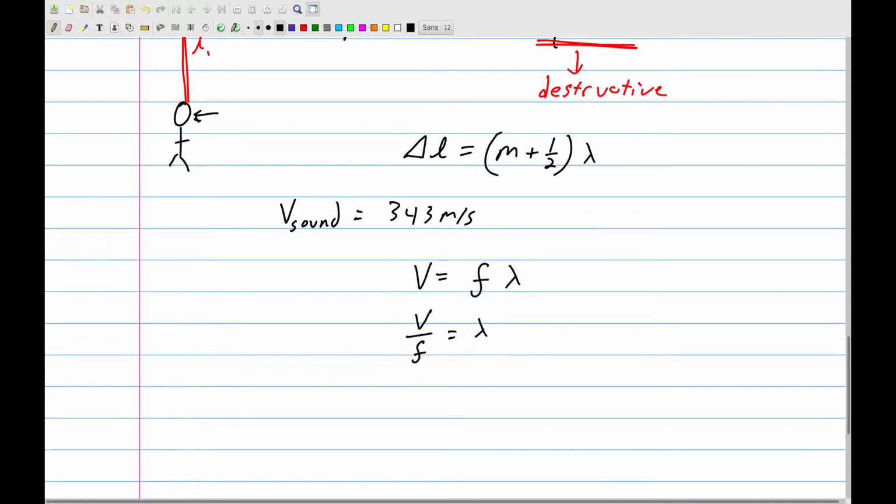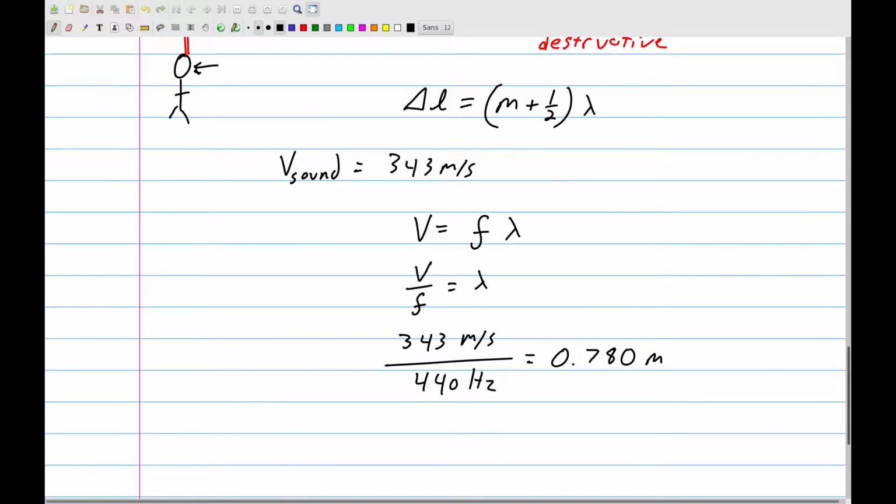Plugging in, 343 meters per second divided by 440 hertz is equal to, when I do this, I got 0.795, let's call that 0.780. We'll say that's approximately 0.780 meters. Okay, so there is our wavelength.